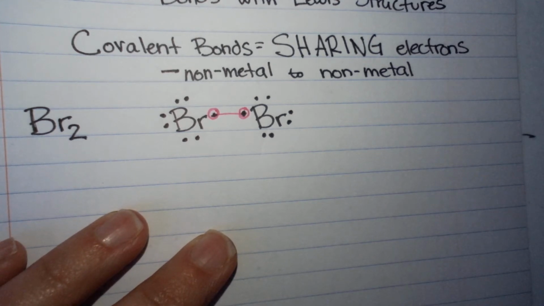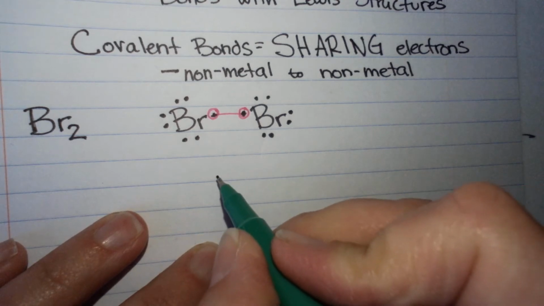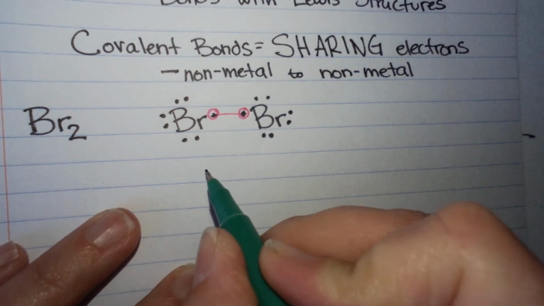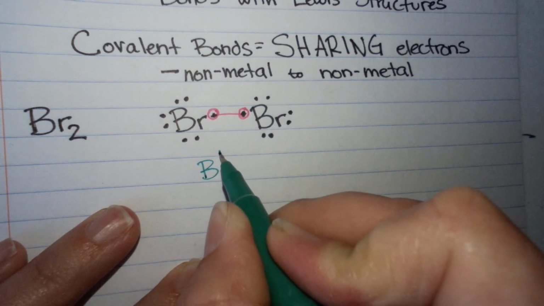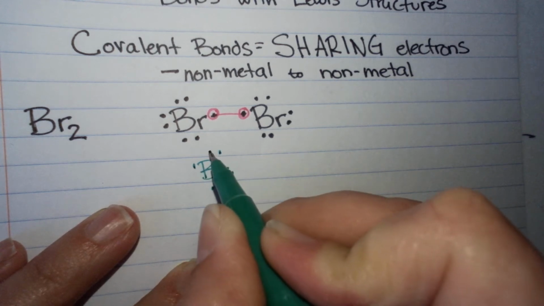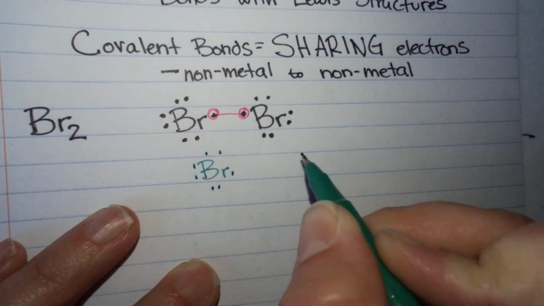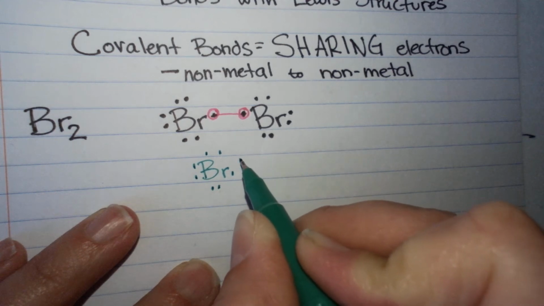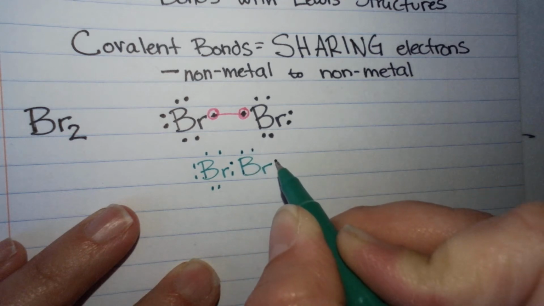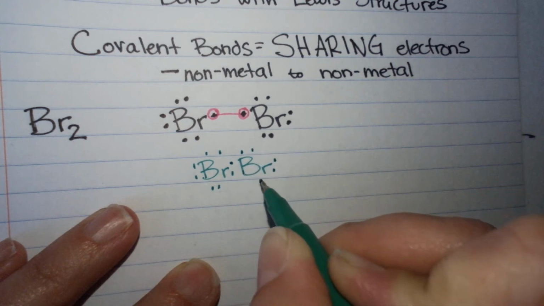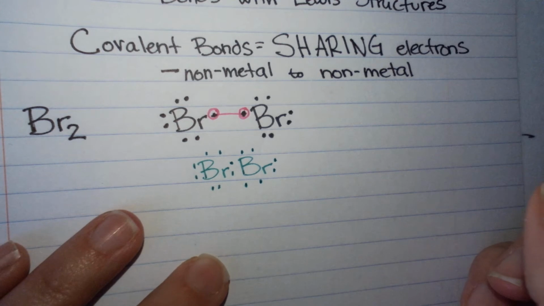So if we rewrite that a little bit closer together, bromine has 1, 2, 3, 4, 5, 6, 7. And then this bromine has 1, 2, 3, 4, 5, 6, 7.